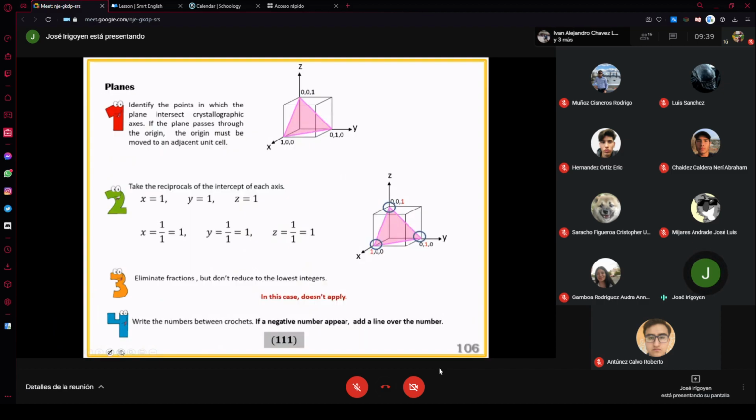Let's check now the planes. In the case of planes, you have the same pathway. We only have some little differences, but it's going to be practically the same. The importance of tracing the planes in these unit cells is that depending on the planes, you're going to have different properties in the materials.